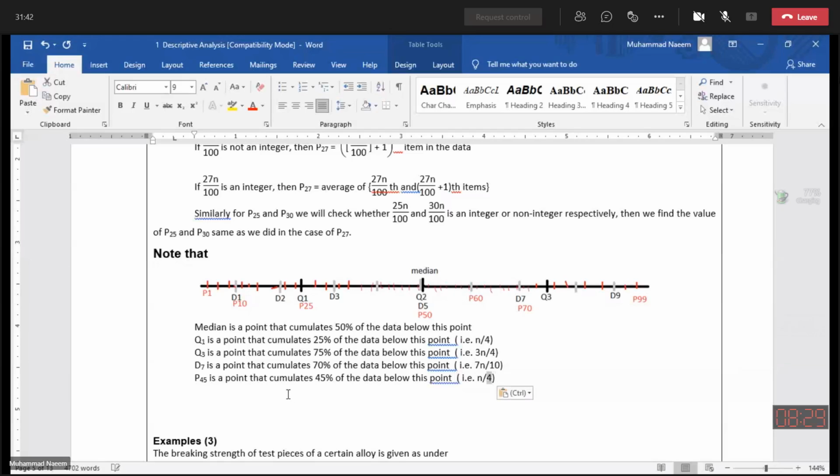For percentiles, n by 100 is the 100th part of the data, and 45n by 100 means the 45th percentile.